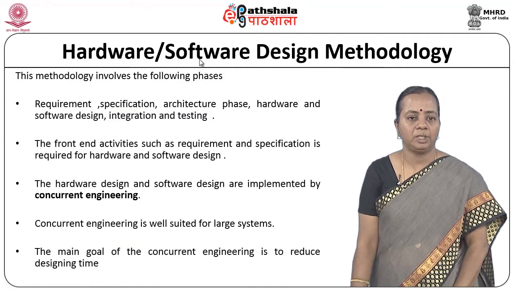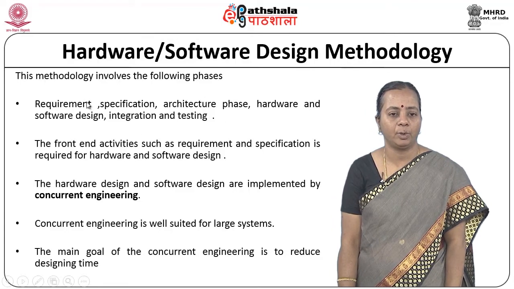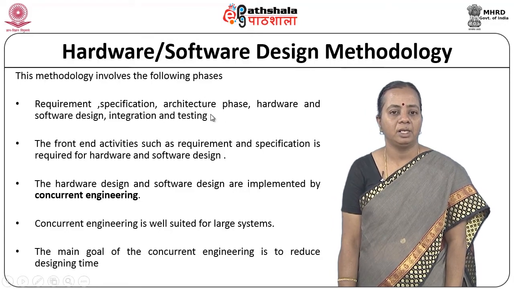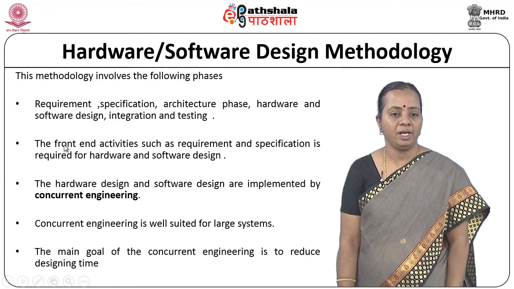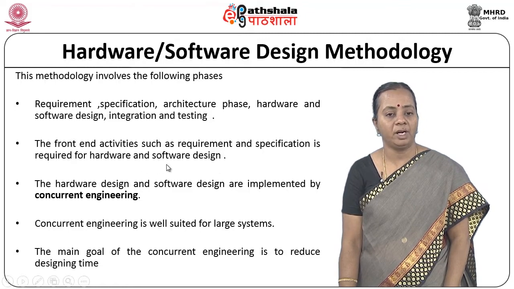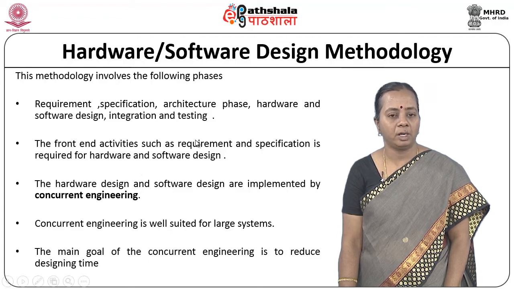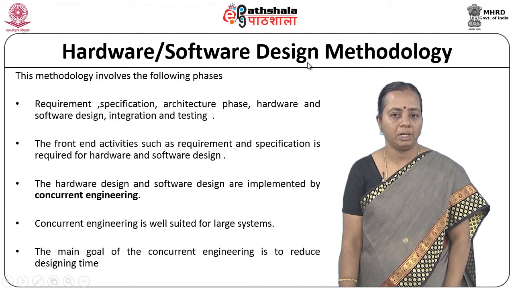So this flow diagram gives you the architecture of the hardware software design methodology. This methodology involves the following phases: requirement, specification, architecture, hardware and software design, and integration and testing. The front end activities such as requirement and specification are required for hardware and software design. For both the hardware design and software design, we need to know the requirement, based on which the specification is made. The hardware as well as software design are implemented by concurrent engineering with respect to this design methodology.